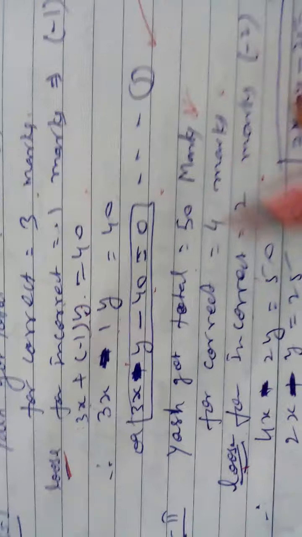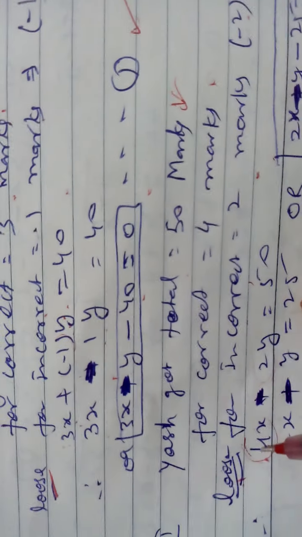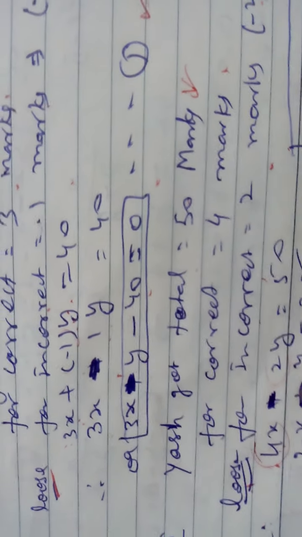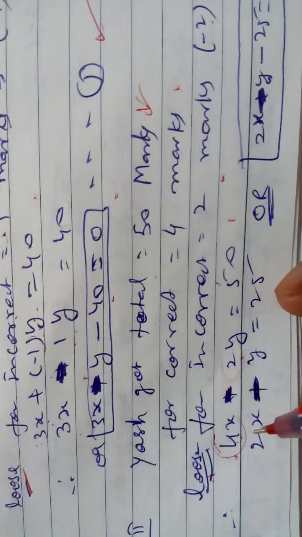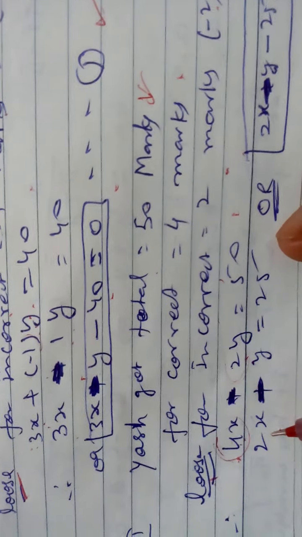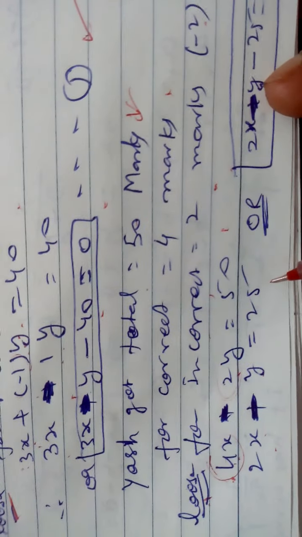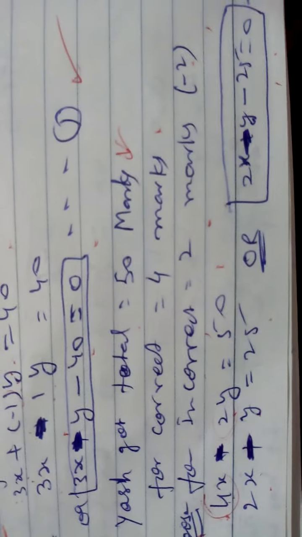So 4x he is getting for the total correct answers, minus 2y for the wrong answers, and total will be 50. 4x minus 2y is equal to 50. You divide it by 2, then what are you getting? 2 common, 2x minus y is equal to 25. Transpose: 2x minus y minus 25 is 0.